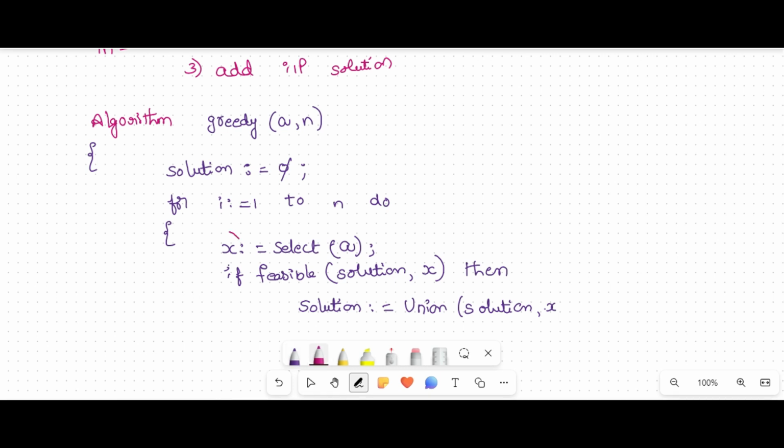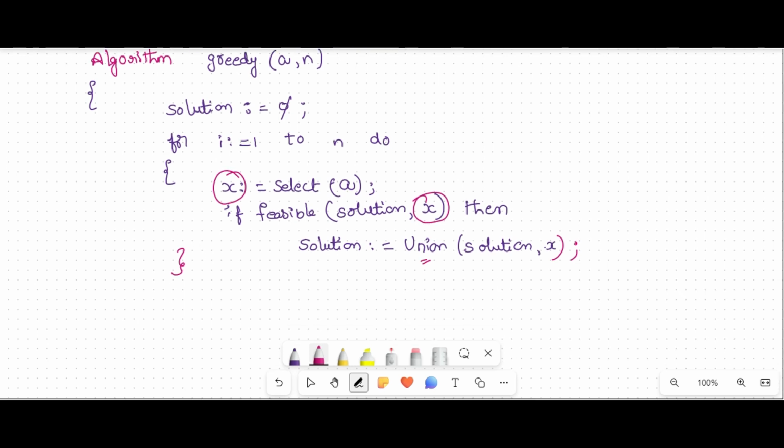We have assumed this X. Checking whether that X is feasible or not, if it is feasible, then add X to the solution. Like that you have to repeat this process for the given n number of inputs. Finally, we have to return the solution. This is the control abstraction or general method for the greedy method.